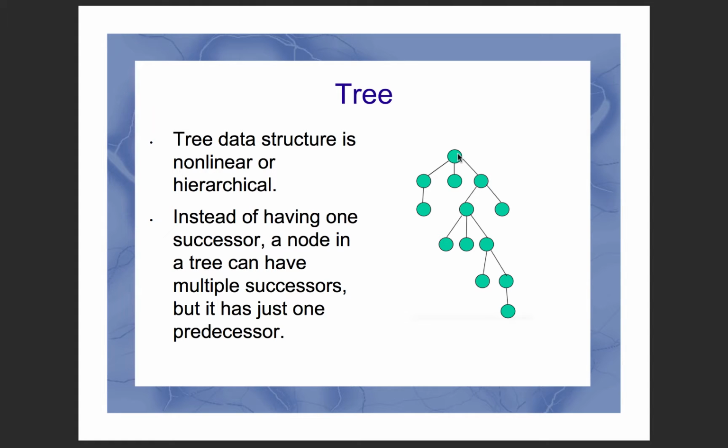However, this node doesn't have any predecessor because it is a special node. This is called the root node, the root of the tree, so it doesn't have any predecessor. The basic thing is that a tree is non-linear, and in a tree a node might have several successors, but it must have at most one predecessor, except the root node, which doesn't have any predecessor.